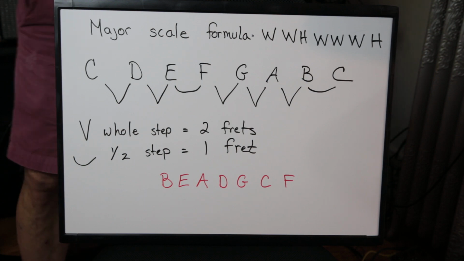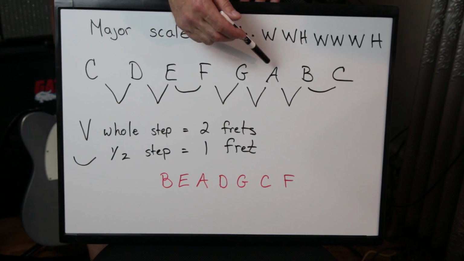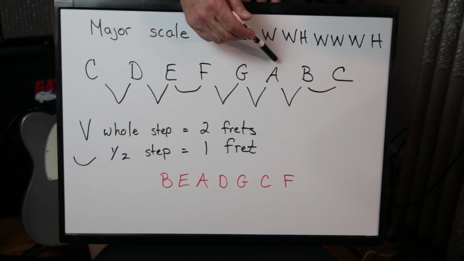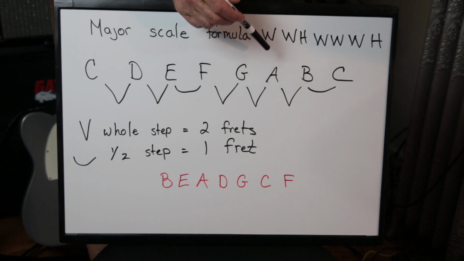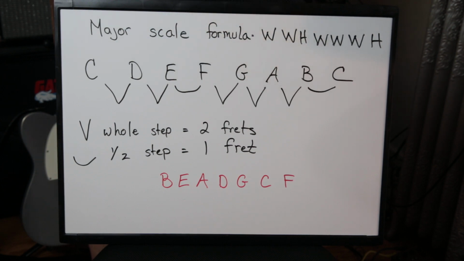All right? So what I did in the last lesson, I started with the open A string, right? And if I just follow that along on the same exact string, we're not talking about going to different strings yet, from A to B, I just have to move up 2 frets. Then from B to C, I move up 1 fret.